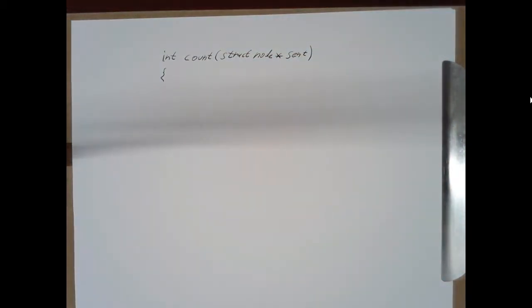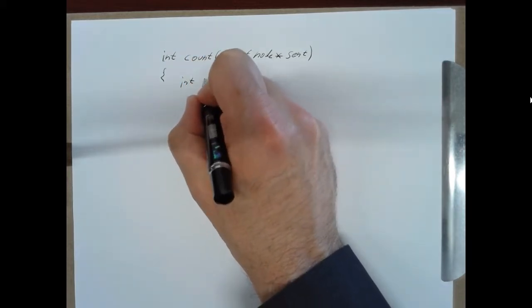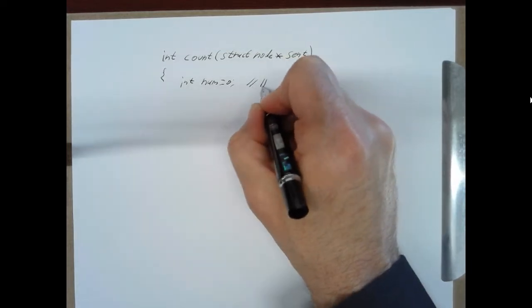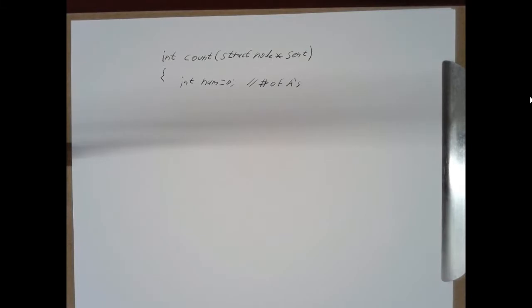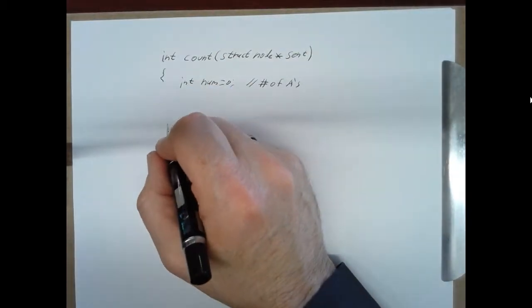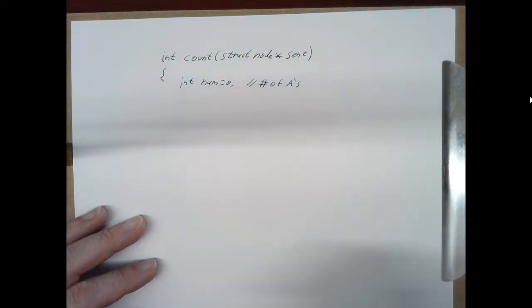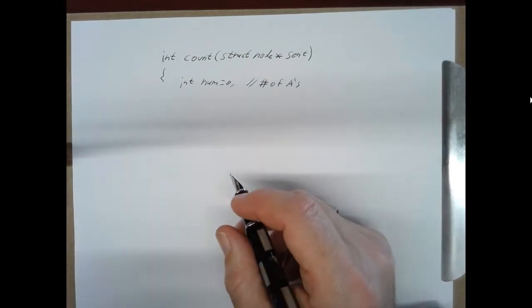So we need some kind of counter inside here, so I'll just call it num. That'll be the number of A's. And when you want to traverse a list, one way to do that is start with the thing the sentinel points to. So you could make a struct node temp, or you could just use sent as a temporary, since we're only going through once and we don't care.